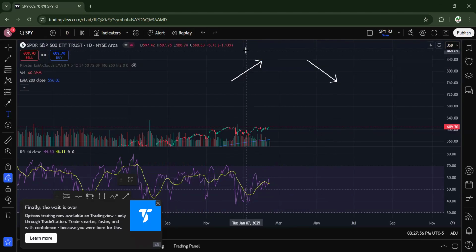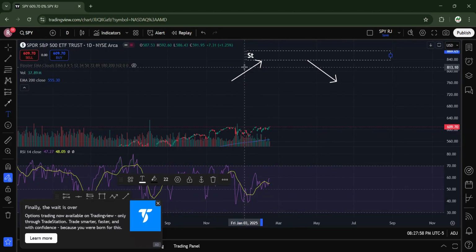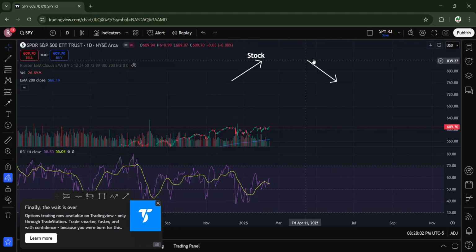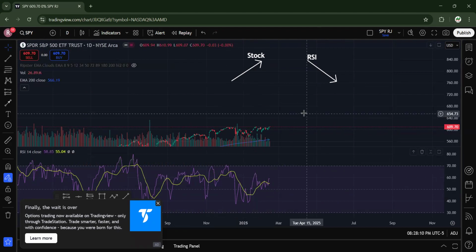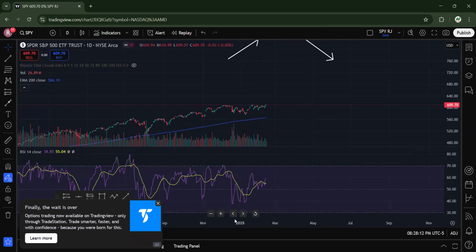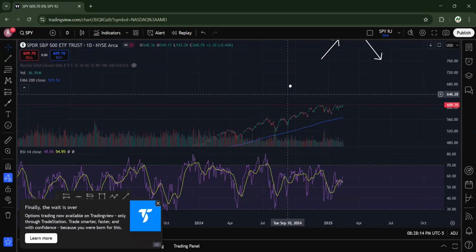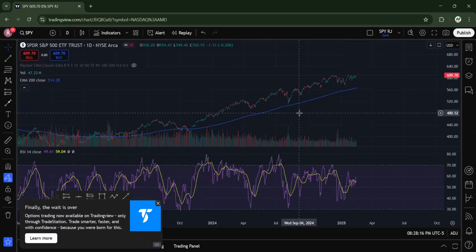So let me write that out for y'all real quick. Stock price will be doing that. RSI is going to be doing this. Okay. And there aren't a lot of examples of this right now because the stock market has been bullish. I would have to really go back a little bit to give y'all an example.